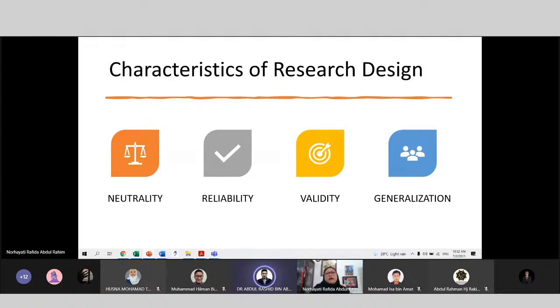Even though I'm talking about research design, we cannot escape from talking about methodology. This is what I'm worried about. When I give the title, I'm worried that I will talk about the whole thing, not only research design. Somehow it's good because the research design is the heart of the research, so it's good for us to go back and forth between chapter 2 and chapter 1. Okay, those days we look at the steps.